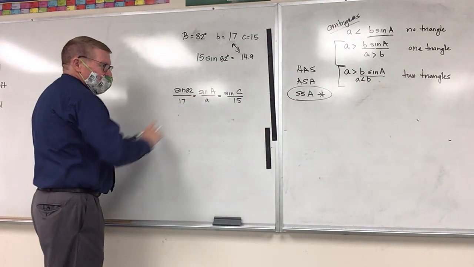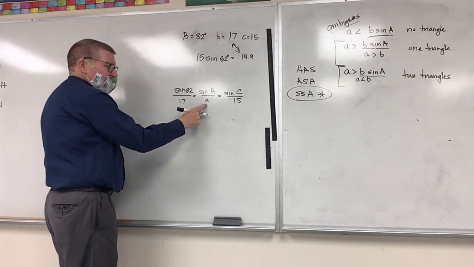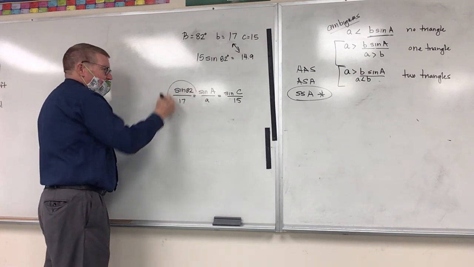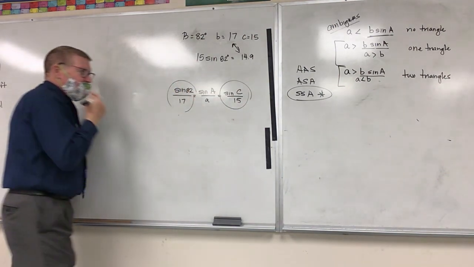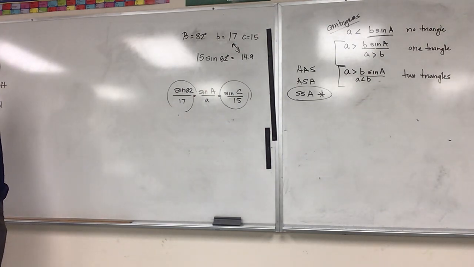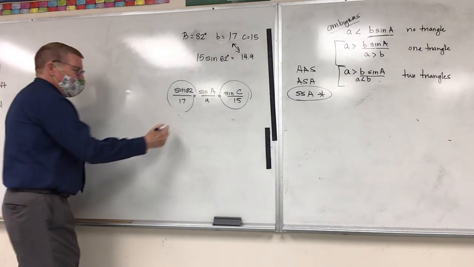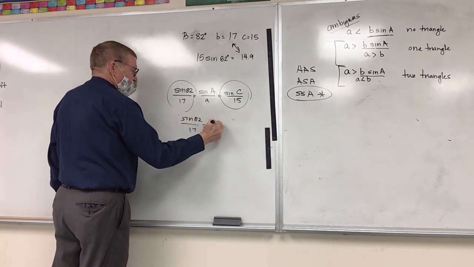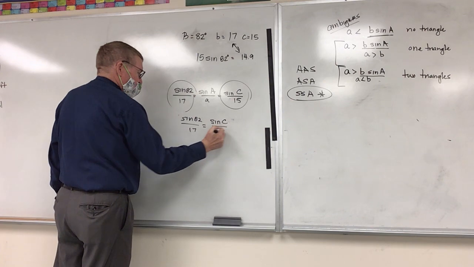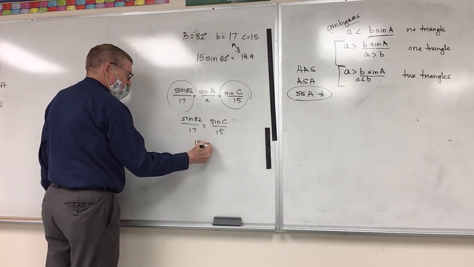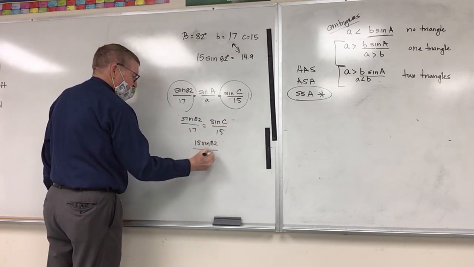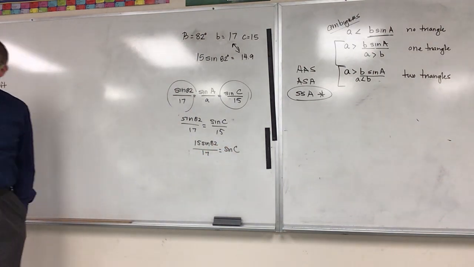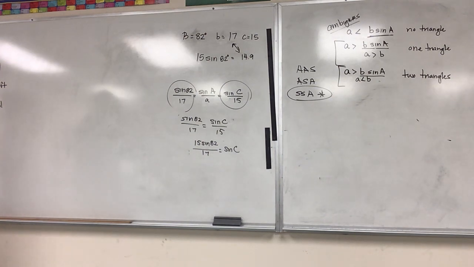When I look at my proportions, I don't want to use this yet because I have two unknowns. I always want to use the two ratios that will only give me one unknown. So sine of 82 over 17 equals sine of C over 15. That's 15 sine of 82 over 17 equals sine of C. Anytime I'm looking for the angle, what do I do on my calculator?